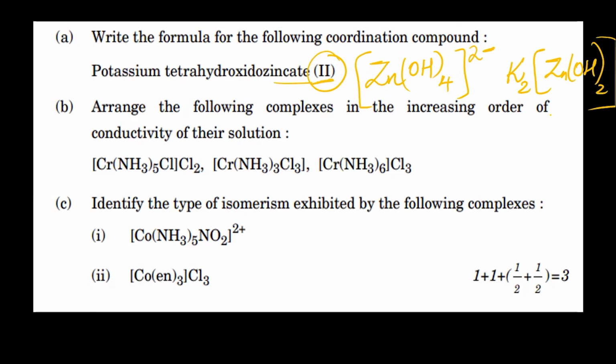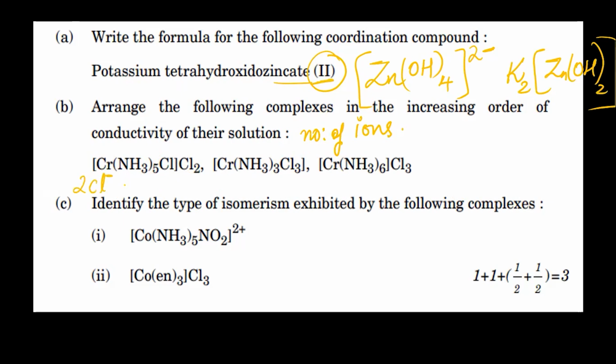Arrange the following complexes in the increasing order of conductivity in their solutions. Conductivity depends on the number of ions, right? So what you have to check is how many ions are possible for these compounds. The first compound, [Cr(NH3)5Cl]Cl2, gives one complex ion [Cr(NH3)5Cl]2+ and 2 Cl minus ions.